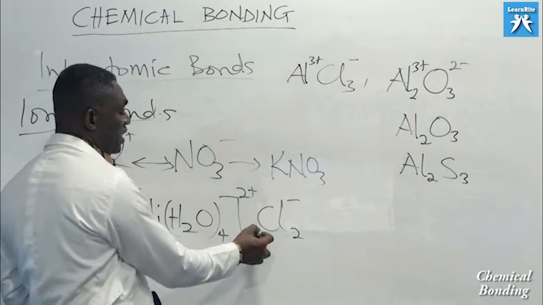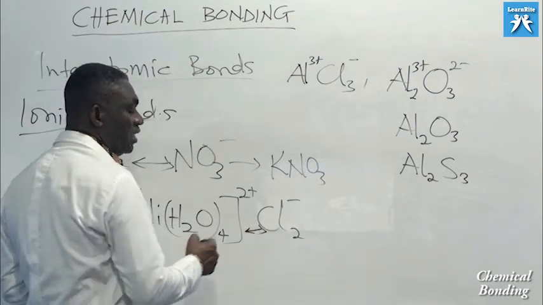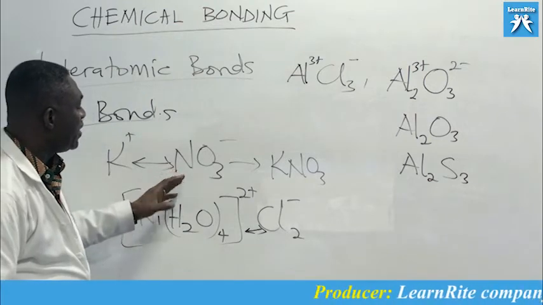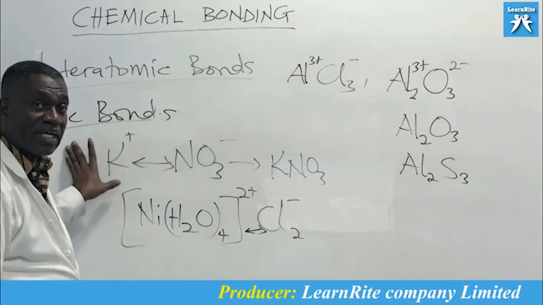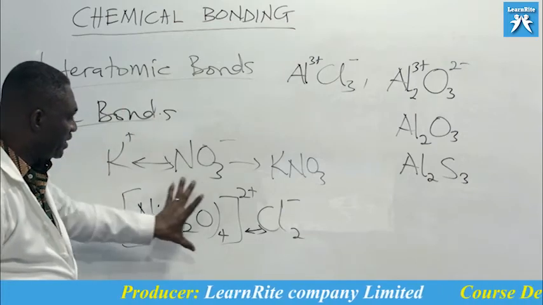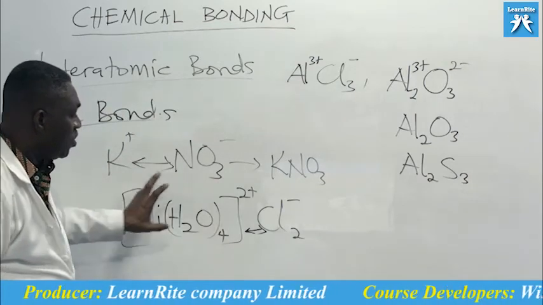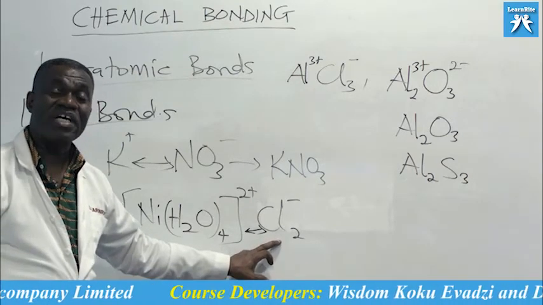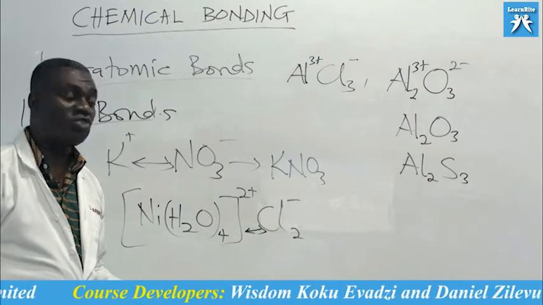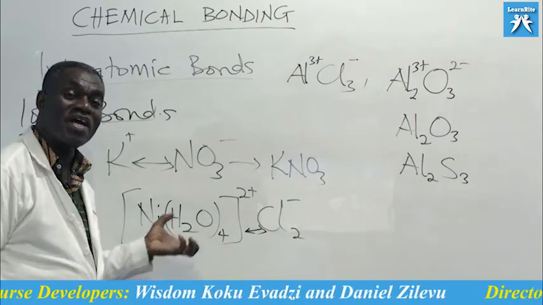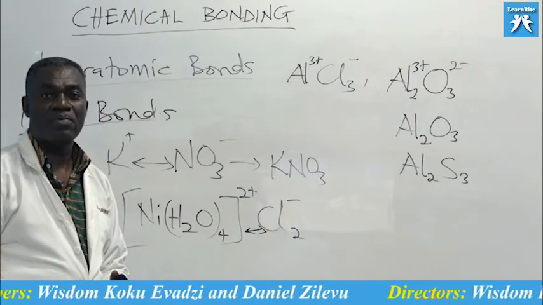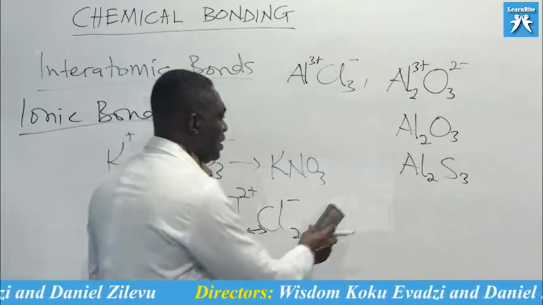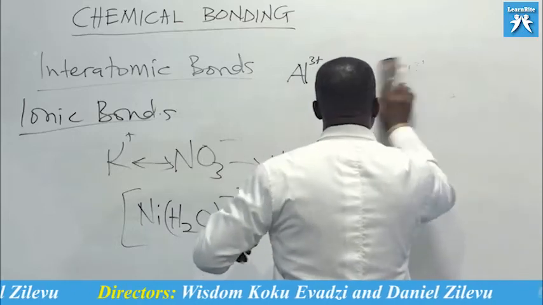When it combines with this, the bond between this and that is an ionic bond. So in the previous example, we had a complex anion combined with a simple cation to give an ionic compound. Here, this is a complex cation combined with a simple anion to give an ionic bond. You can still write another example where you have a complex cation and a complex anion, and you still have to be able to identify that the bond there is what? Ionic bond.